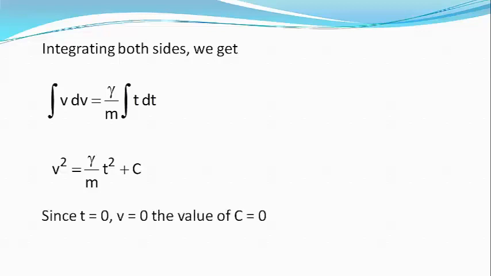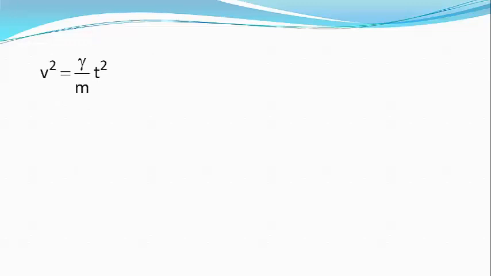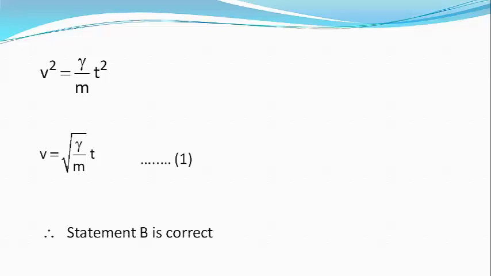Since at t equals 0, v equals 0, we get c equals 0. Therefore, v squared equals gamma/m into t squared, or v equals root of gamma/m into t. Equation 1. This shows that statement B is correct.